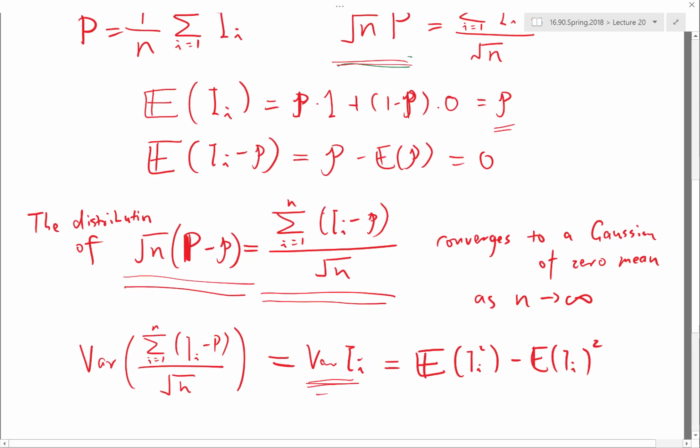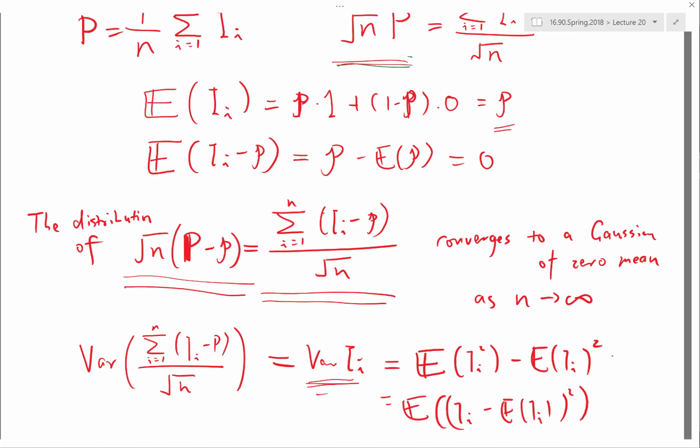There are two forms of variance. One form is the expectation of (I minus expectation of I) squared. Another form is this. In this case, this is easier to compute because I know I squared is equal to I, and the expectation here is small p. This is p squared. What I get is p times 1 minus p, exactly what you said.